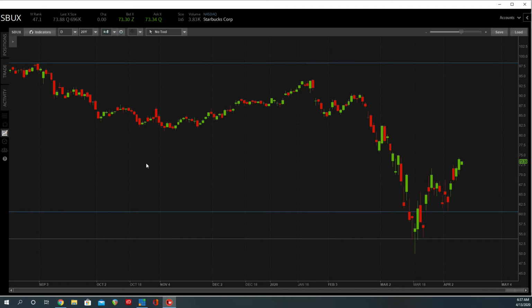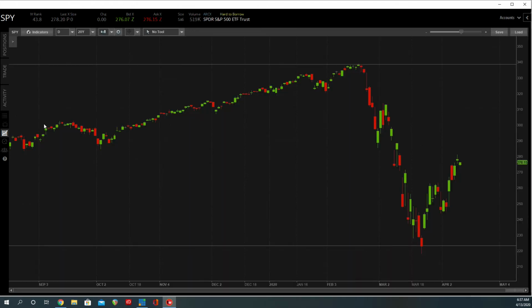Alright, so there's what Starbucks looks like. Let's go look at some indexes. Here is the S&P ETF, the SPY. The symbol is SPY. They are the Spider S&P 500 ETF Trust.